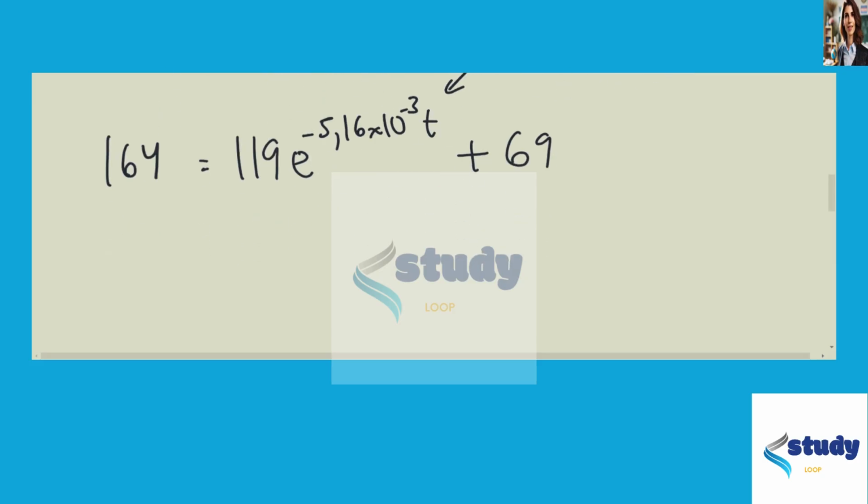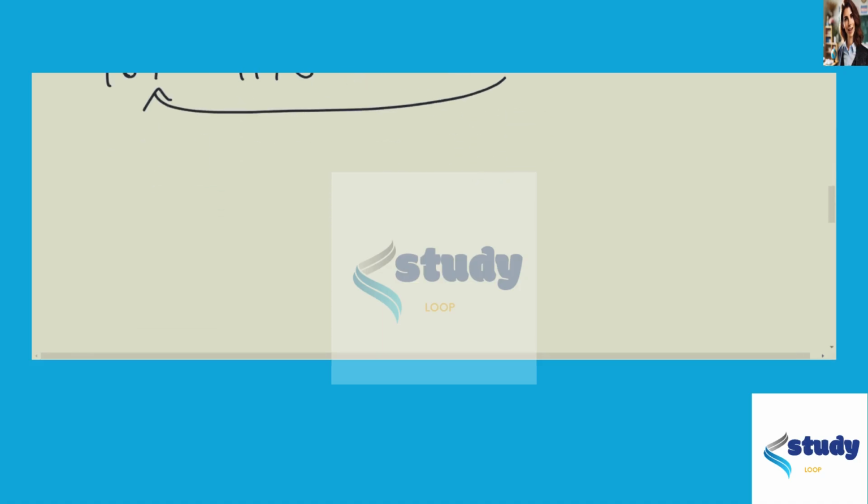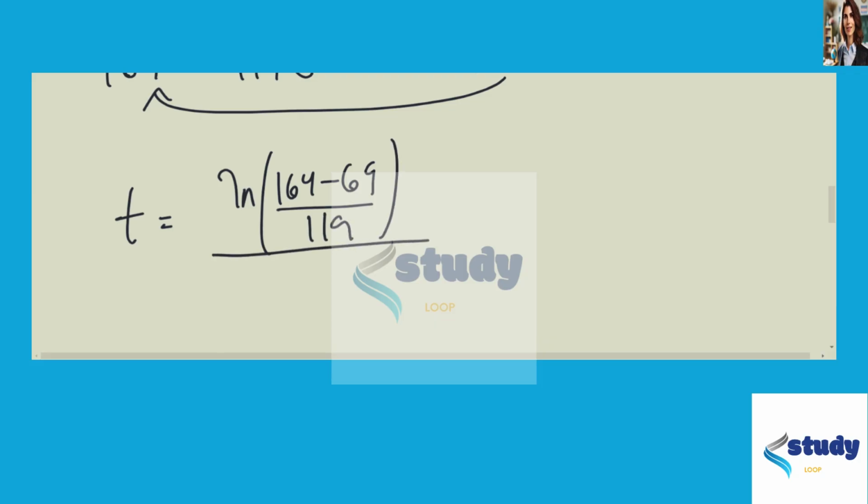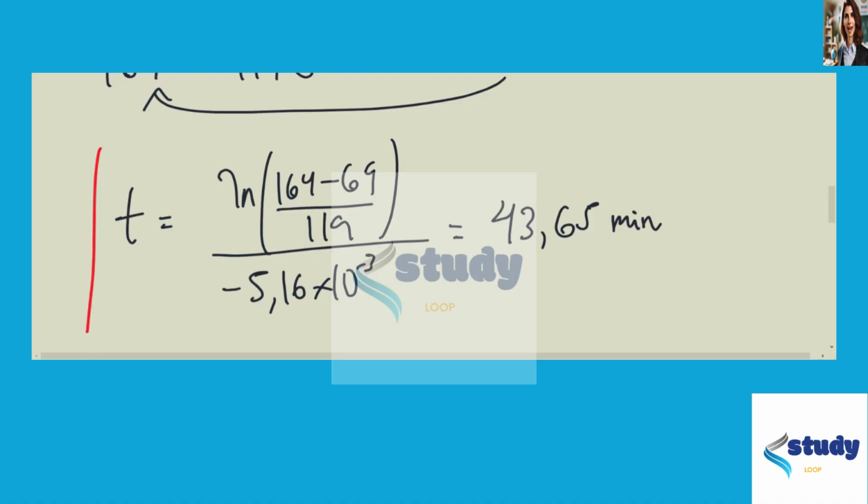So we simply pass this to the other side, divide by this value, apply the Neperian logarithm, and divide by the constant k. From there, we obtain the time, which is the Neperian logarithm of 164 minus 69 divided by 119, and this divided by the constant k, which is minus 5.16 times 10 to the minus 3. Now, if we use our calculator, we obtain a time of 43.65 minutes. So that's the solution for this problem.